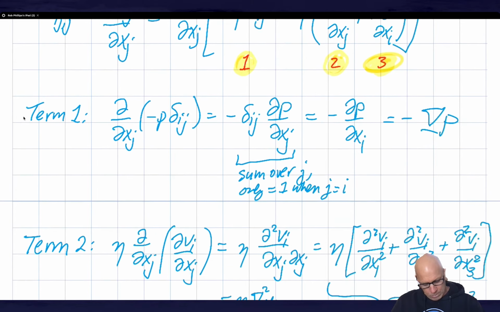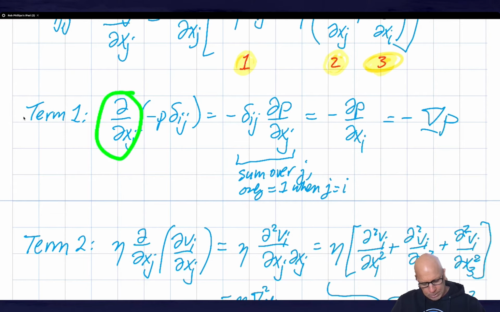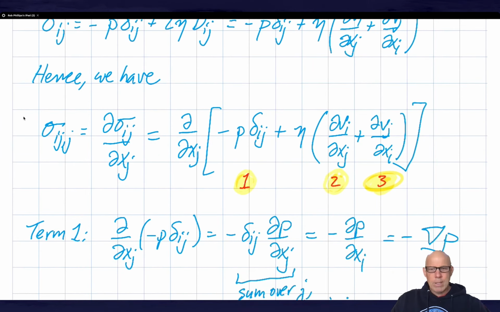So the first one is d by dxj on minus p delta ij. Note, every time I do one of these things, I have one free index, which is i. That's the thing you want to be keeping track of. I'm going to be summing over j, and I want to have the final free index i, because it's basically a vector equation, right?